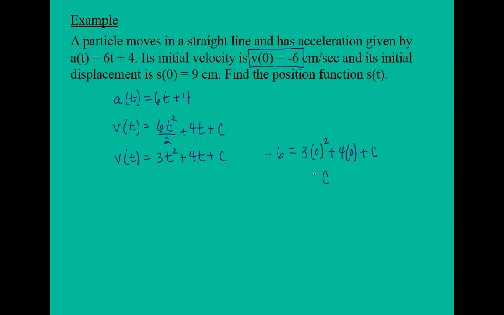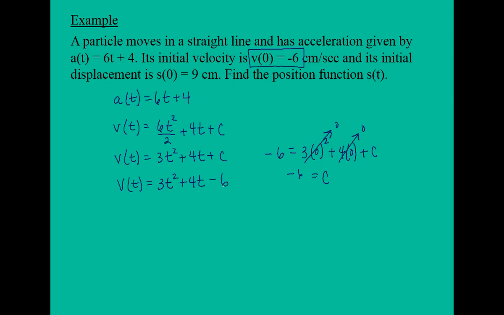This goes to 0, this goes to 0, so c equals -6. So our velocity function is 3t squared plus 4t minus 6.